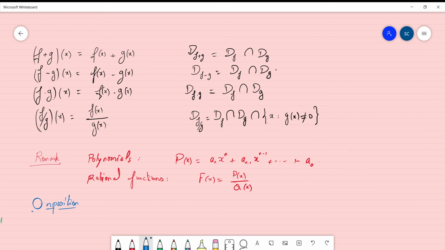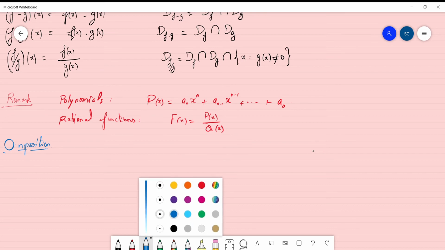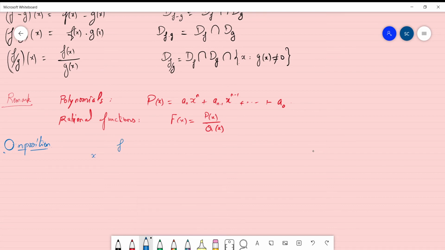So we need to have the function f. For x, you assign f of x. Then this is your y, a real number. So we can always decide to assign by another function g of y, as long as this real number is in the domain of g.